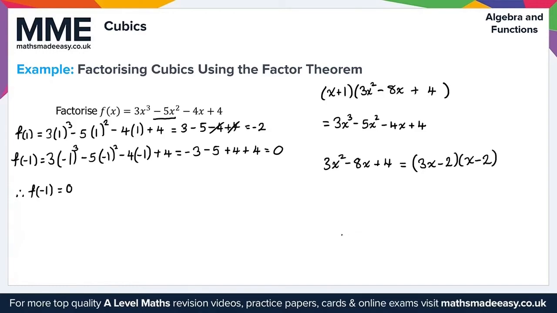So therefore, if we factorise f of x fully now, we can write our expression 3x cubed minus 5x squared minus 4x plus 4 as a product of 3 factors. Those 3 factors are the original one that we found here, x plus 1, times x minus 2, times 3x minus 2 there.